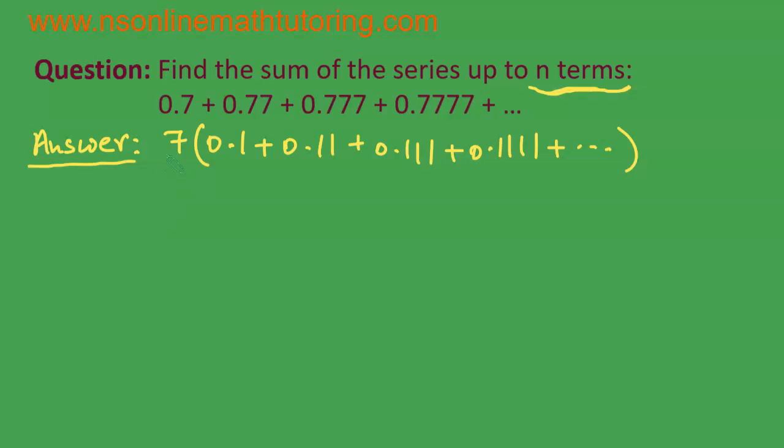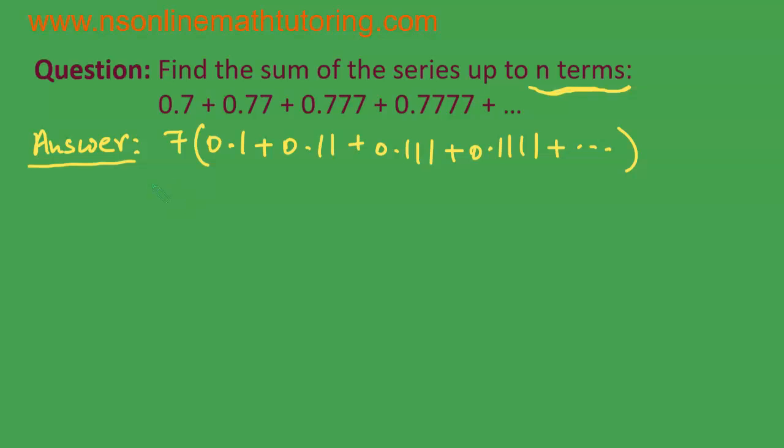So now, let me not put the equal to sign because it is the given series that I am modifying. I have just taken out 7 from all the terms.